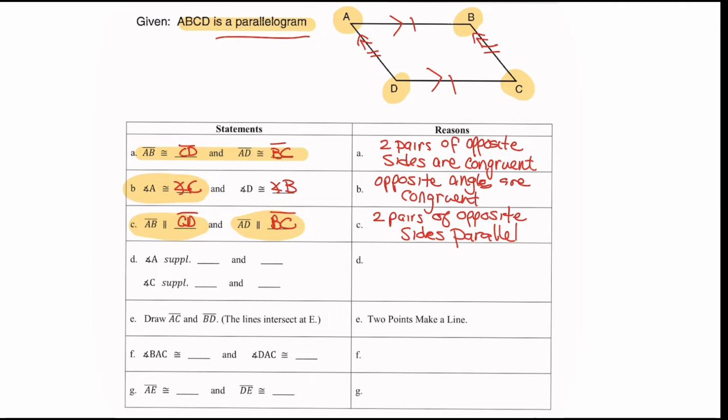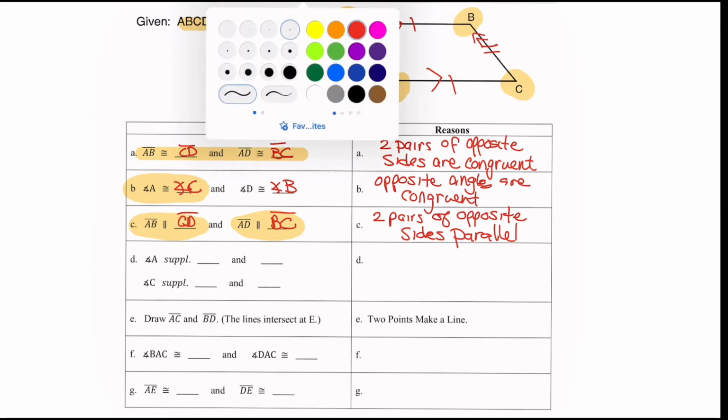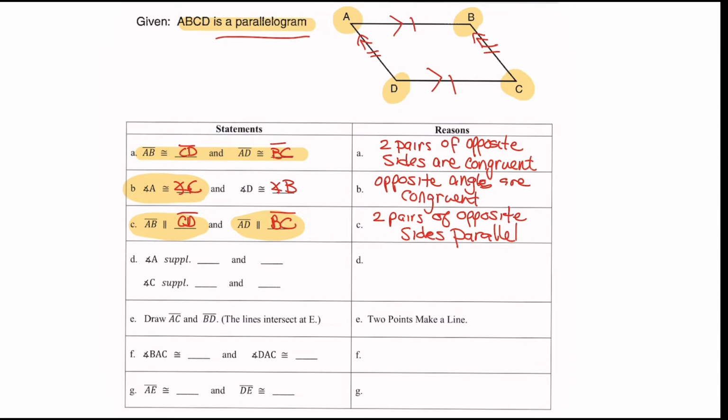Next, statement D. Which angles are going to be supplementary to A? Well, A is up here, so we have one angle that's next to it in this direction, and one angle next to it in this direction, so it will be supplementary to angle D and also to angle B. And that makes sense because angle D and angle B are equal to each other, or congruent.